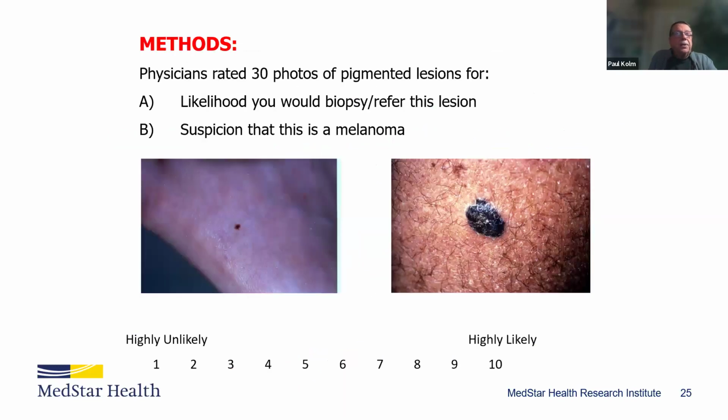The data was basically 30 photos of pigmented lesions, and then 2 questions: A, the likelihood that you would biopsy this lesion, which was rated on a scale from 1 to 10, 1 being highly unlikely and 10 being highly likely, and then B, which is just a yes or no suspicion that this is a melanoma.